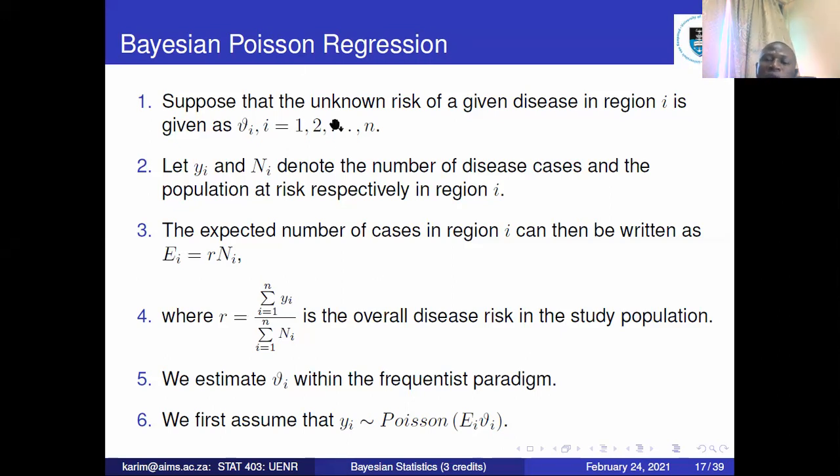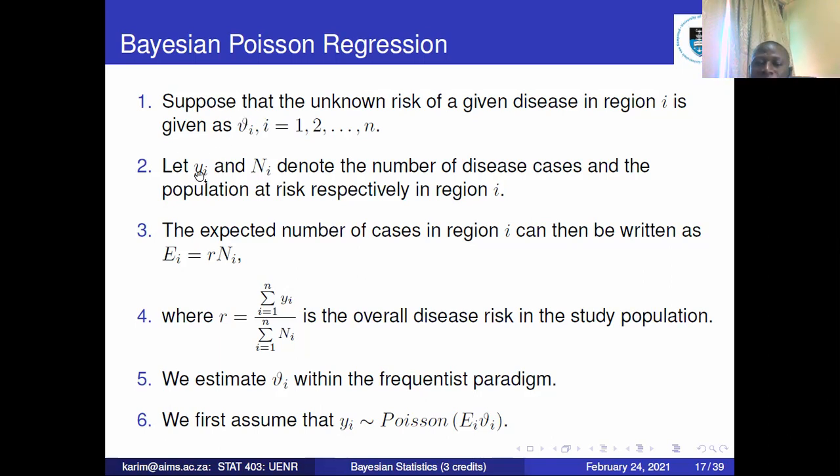So suppose that the unknown risk of a given disease in a particular region is denoted by this. So we have region 1 up to region n. So each region will have its associated risk denoted by this.